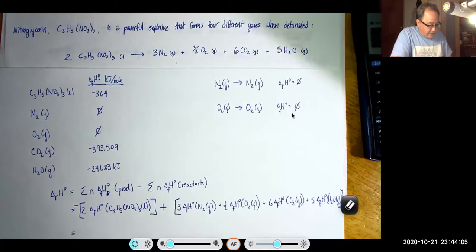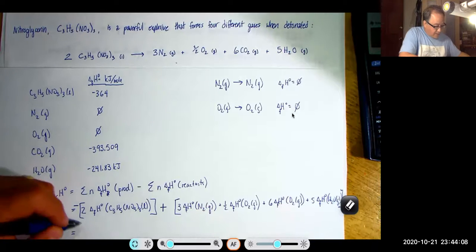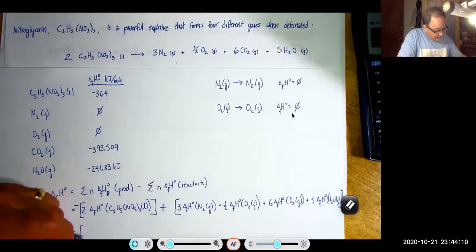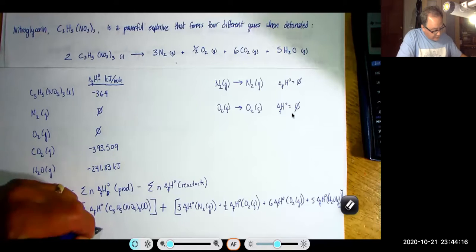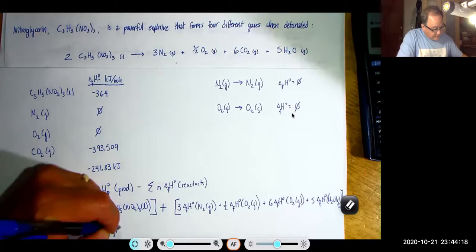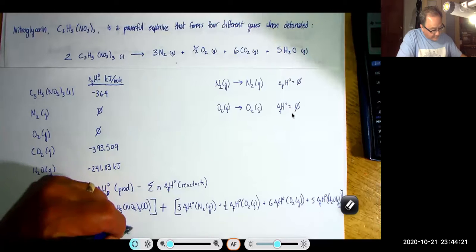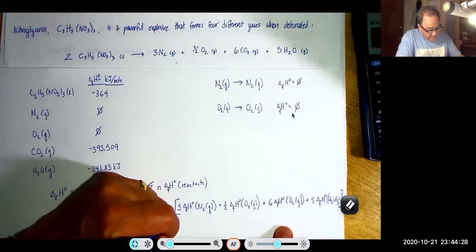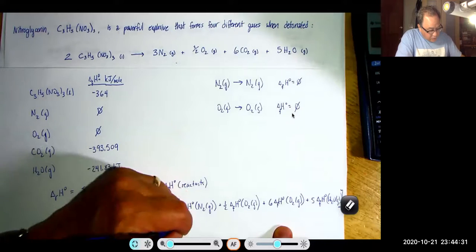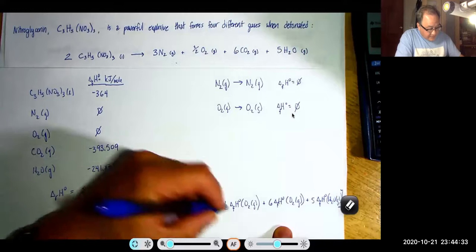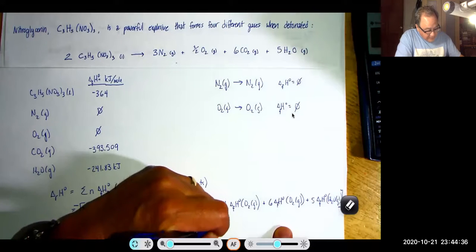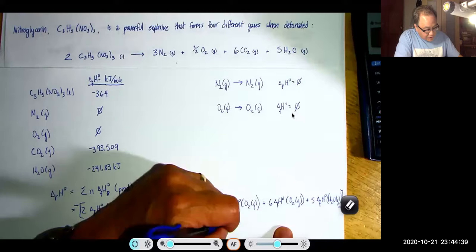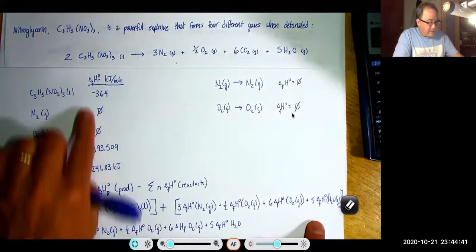So here, this all belongs here, and so I'm going to rewrite this as 3 times the enthalpy of formation of N2 gas plus 1/2 times the enthalpy of formation of O2 gas plus 6 times the enthalpy of formation of CO2 gas plus 5 times the enthalpy of formation of H2O gas.